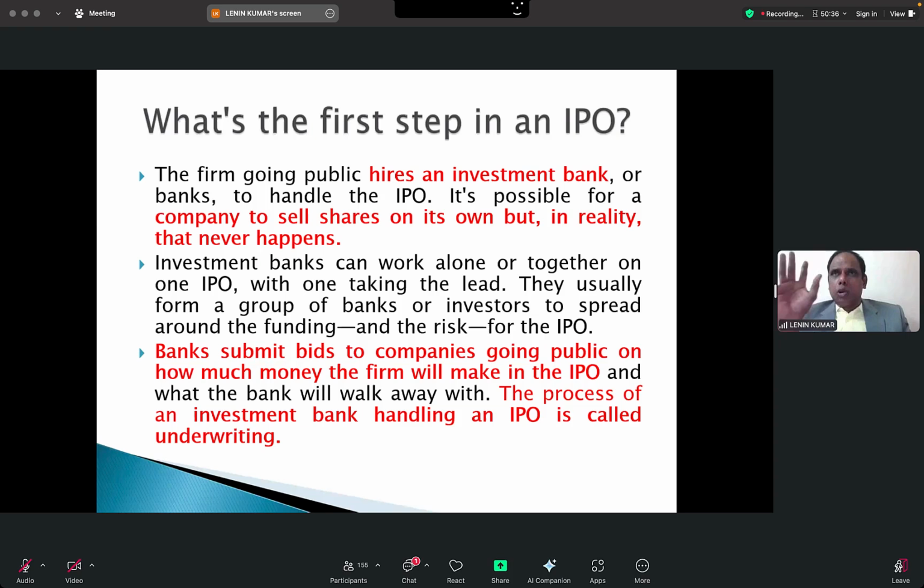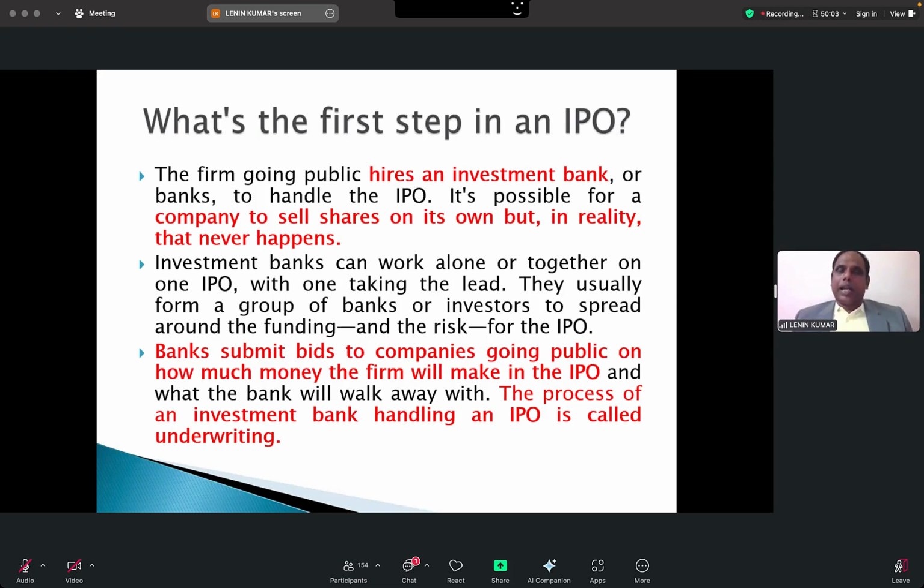So Lulu first hires an investment bank or banks to handle the IPO. It's possible for a company to sell shares on its own, but in reality, that never happens. So you may ask, why do they depend upon a bank? They can do it on their own. Yes, companies can do it on their own. But why they depend on a bank, you will come to understand within the next few slides.